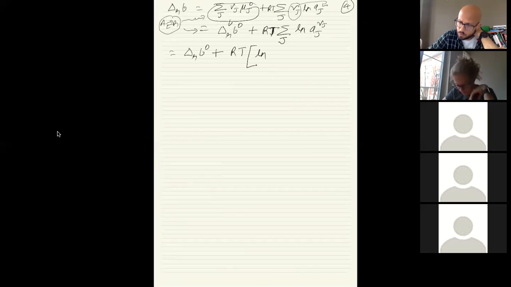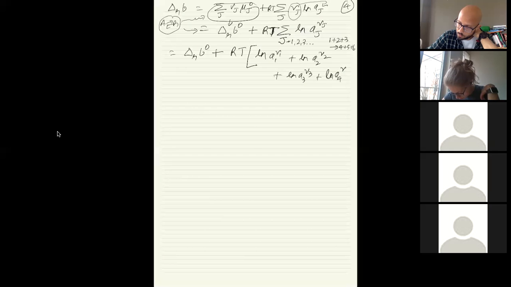Let's write it down to get some intuition. Let's say J goes from 1 to 2 to 3. These are the chemical reactions. So if we had a reaction where 1 plus 2 plus 3 are reacting to give 4 plus 5 plus 6, these are our species instead of A, B, C. Then this can be written as ln A1 to the power nu1 plus ln A2 to the power nu2 plus ln A3 to the power nu3, plus ln A4 to the power nu4 plus ln A5 to the power nu5 plus ln A6 to the power nu6 for this reaction that I wrote over here.